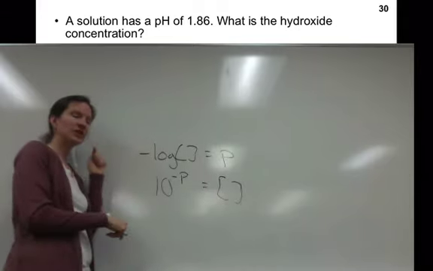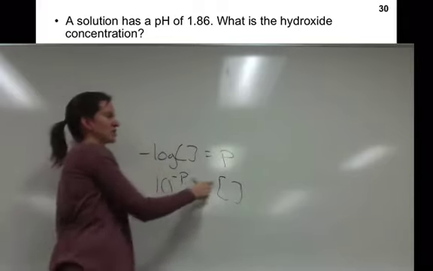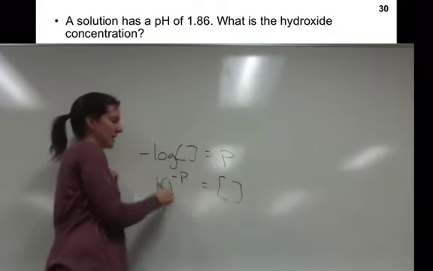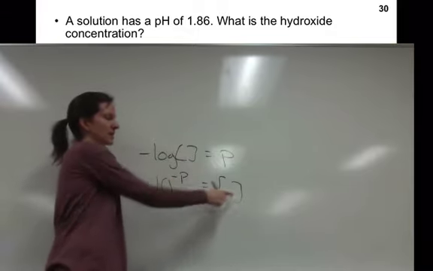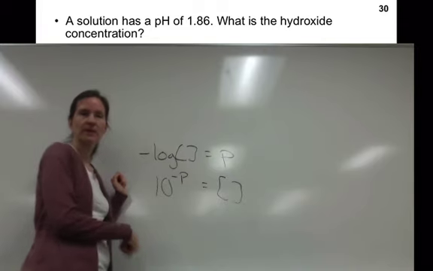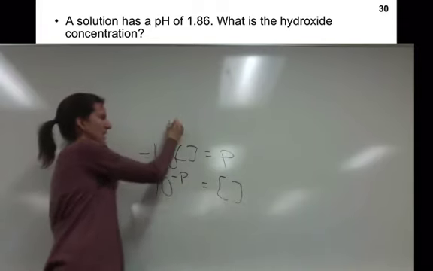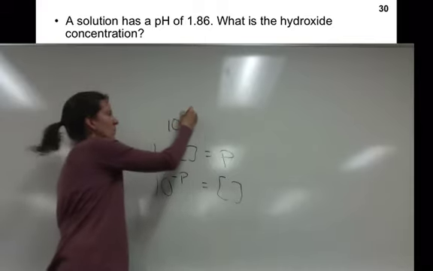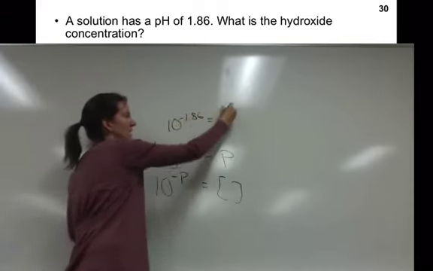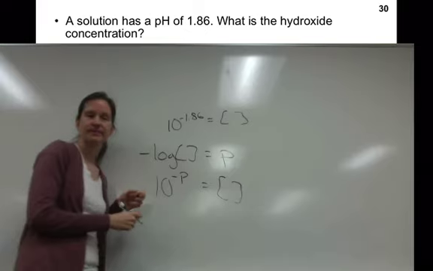Okay, just generally, the negative log of some concentration is going to get me p-something, and 10 to the negative p-something is going to get me the concentration of something. So I look at this, and I'm like, oh, I have a p. So if I go 10 to the negative 1.86, I'm going to get the concentration of something.